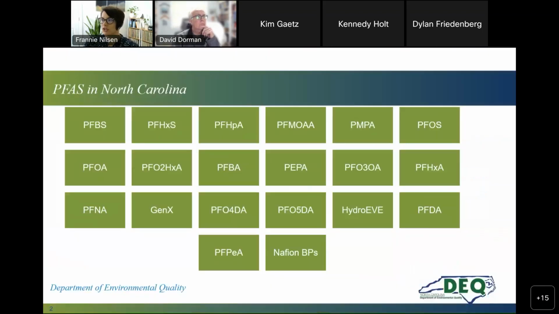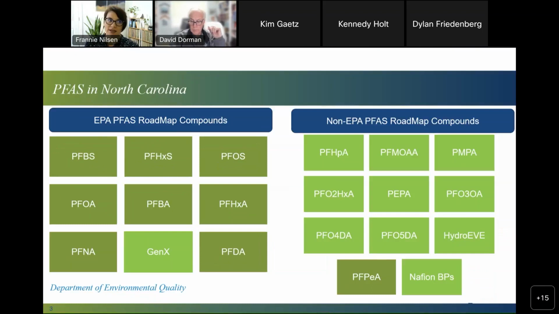So this slide might look familiar. I've used it several times at this point, but these are the top 20 PFAS or so in North Carolina. And then this second slide has them separated into the PFAS compounds that the EPA roadmap is going to be tackling. And then on the right side are the PFAS compounds that the EPA will not be dealing with.